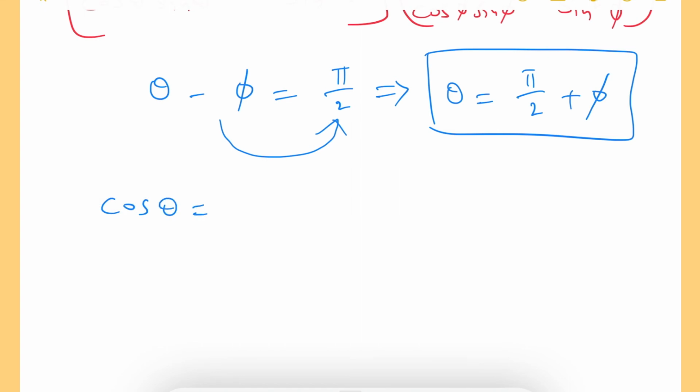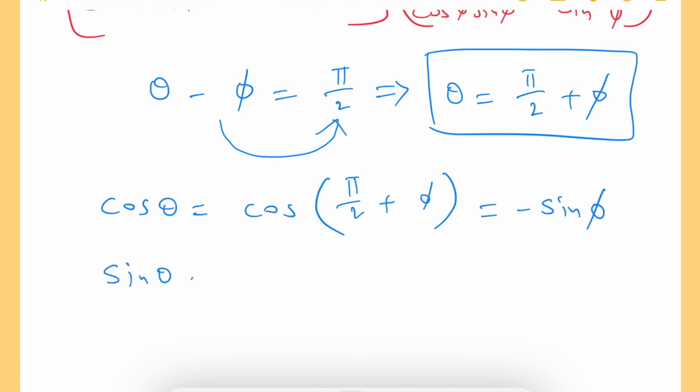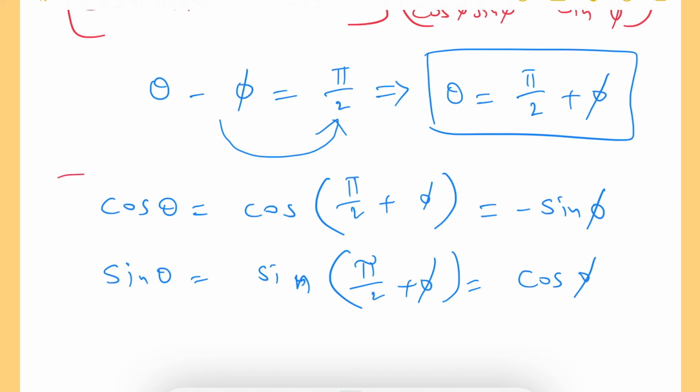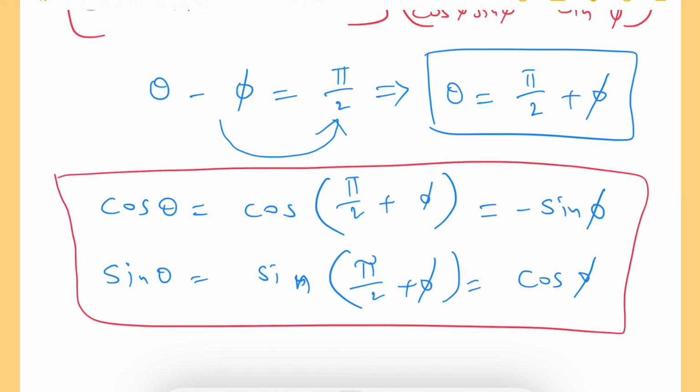Cos theta equals cos, in the place of theta I will substitute pi by 2 plus phi. Cos of 90 plus theta is minus sin theta, so minus sin phi. Next, sin theta equals sin of pi by 2 plus phi. Sin of 90 plus theta is cos theta, so cos phi. These two values, whenever necessary in the question, I will use.